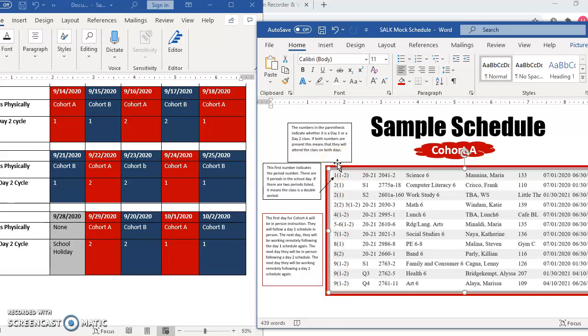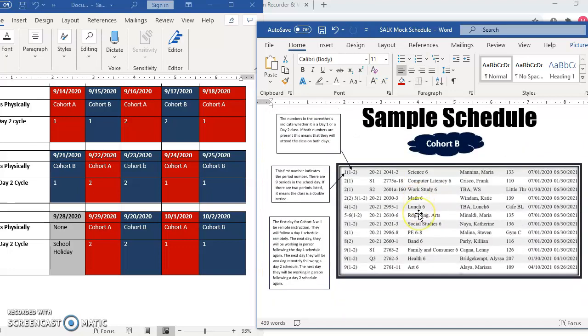The next day, cohort A, you're back in school, in person, following a day two schedule. Then the next day, cohort A, you're working remotely, and you're again following a day two schedule. The next day, you're working in person, and you're following a day one schedule.